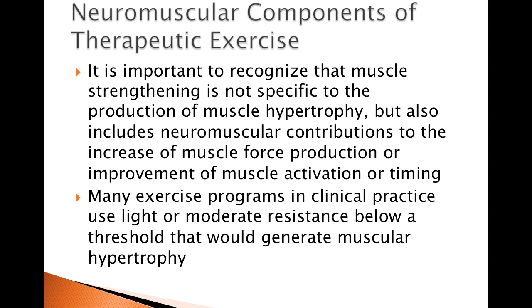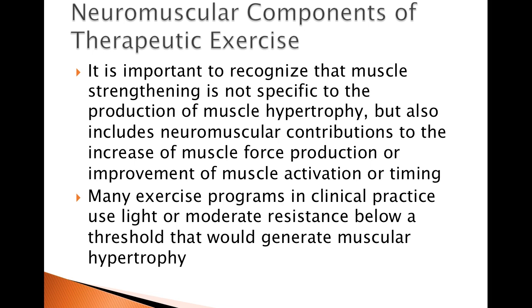Okay, so in addition to producing muscle hypertrophy, making the muscle bigger by strengthening, we also help the muscle in a neuromuscular sense. Even though the muscle might not be growing or increasing in size, there's still increased force production from strengthening.